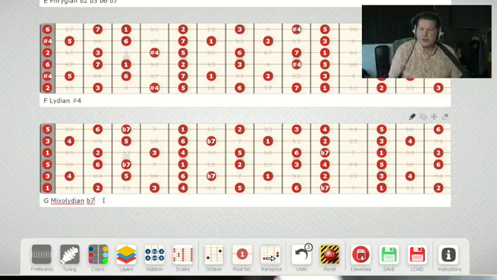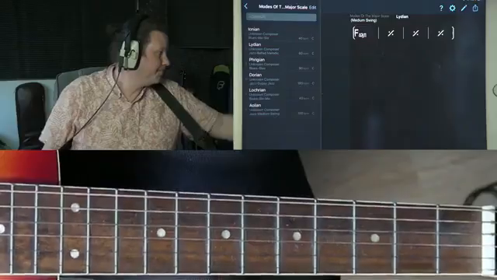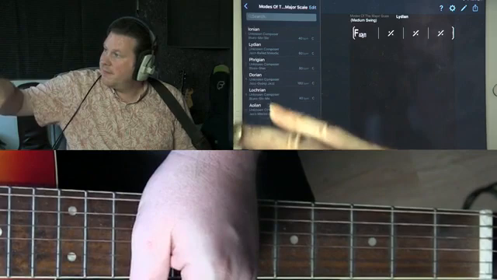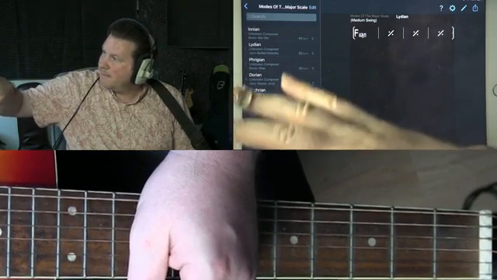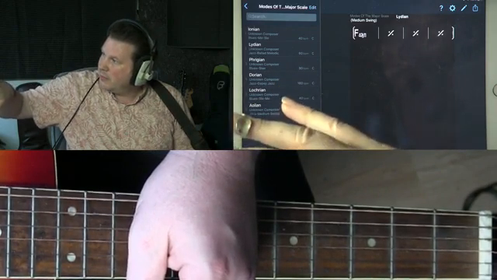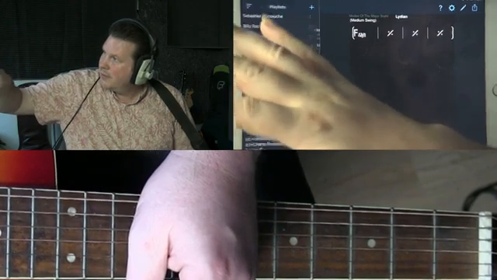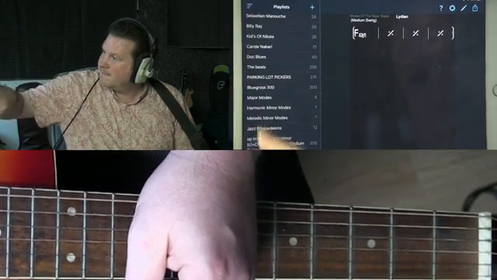So we shall just jump back to iReal Pro and look at our backing track. So simple enough, this one. Where's my Mixolydian? Oh, not add it to it. Let's just find it.